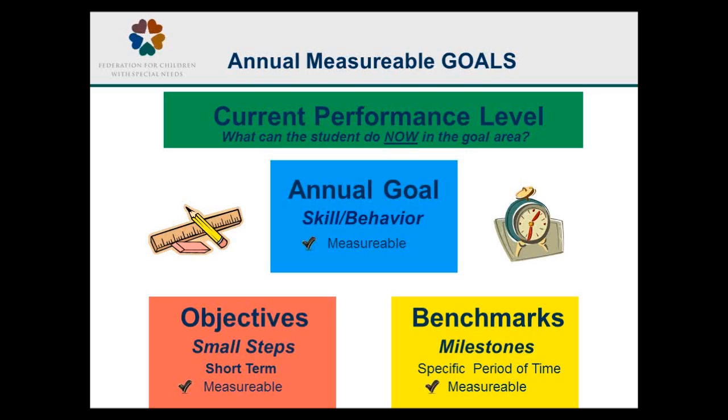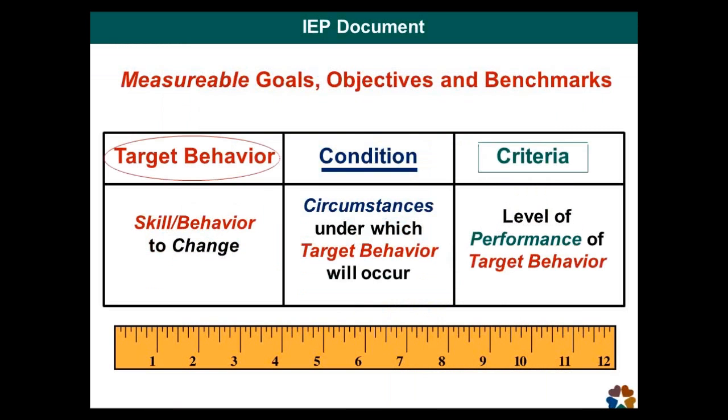And then we're going to, oops, see, I'm out of order, we're going to flour the pan, and then we're going to pour the batter into the pan, and then we're going to put it into the oven. Those are smaller steps. They're short-term measurable, whereas a milestone is more associated with a time period. So by the first marking period, you might do this. By the second marking period, you might do this. We're going to see some examples in a moment.